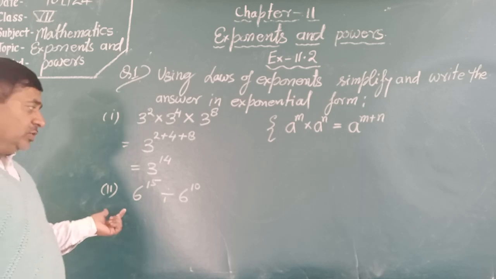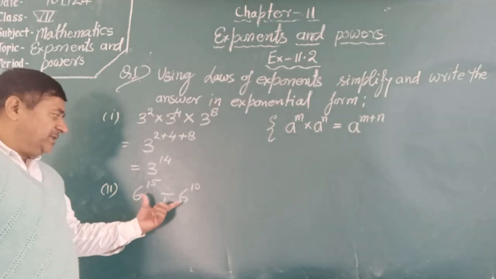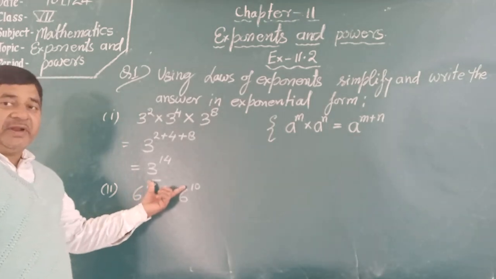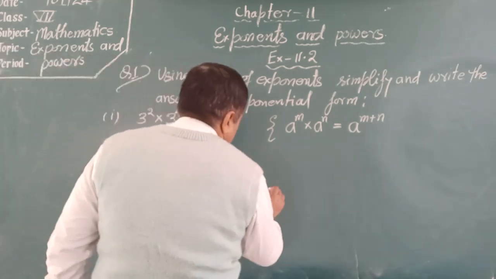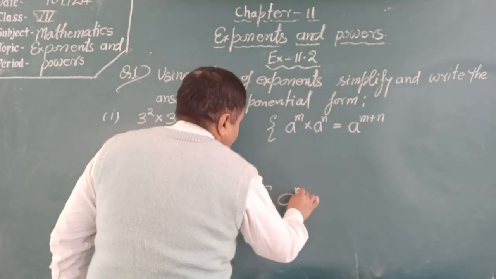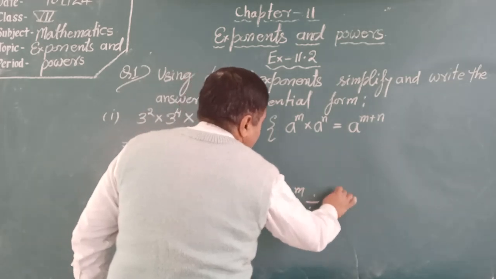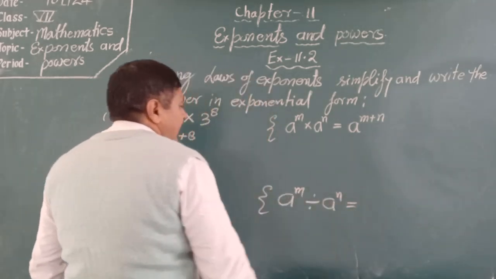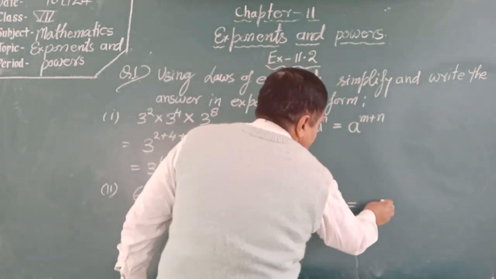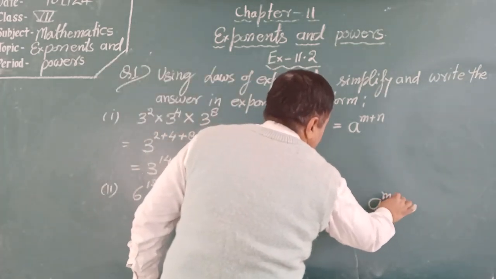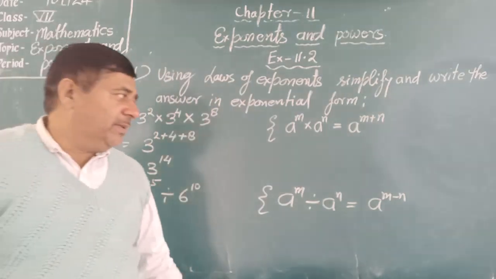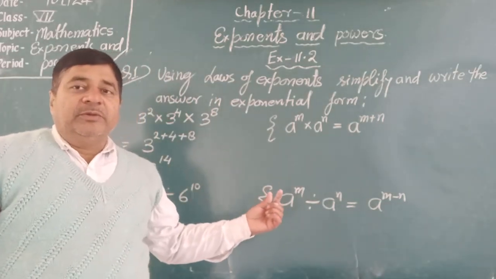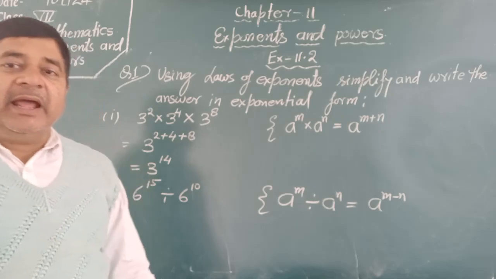Here also the bases are the same but the powers are different, and we use the division law. a to the power m divided by a to the power n: the division law says we subtract the exponents, m minus n. So this will be a to the power m minus n.